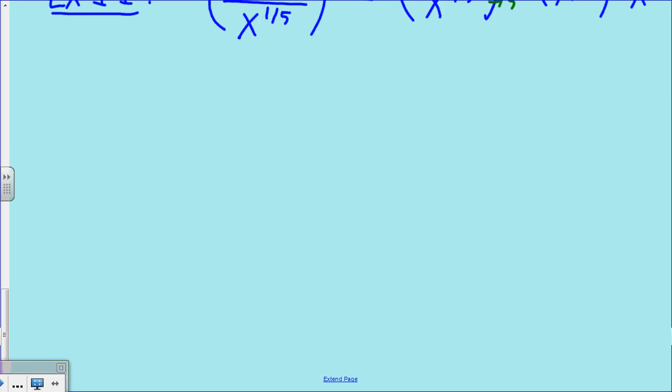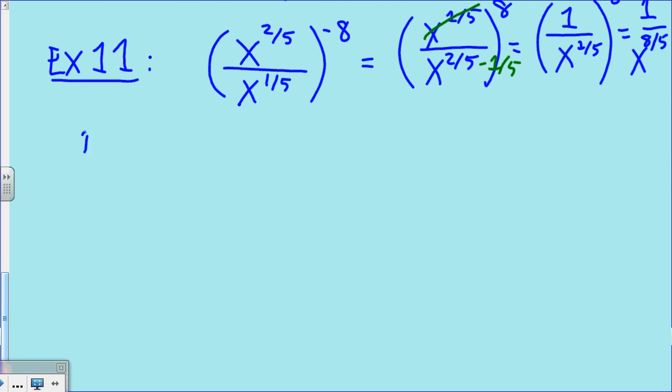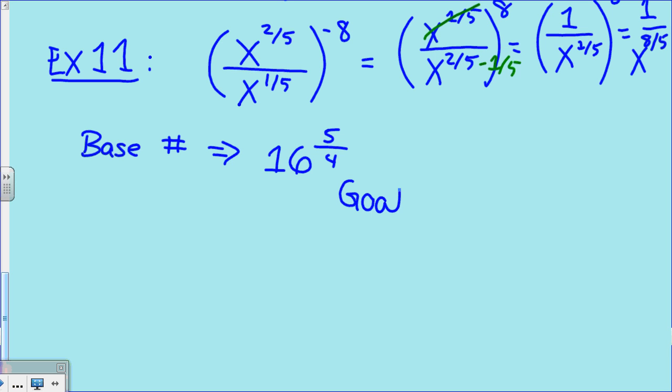Alright, so a couple things I want you to write down before we are done, so you know what your goal is. If your base is a number, like 16 to the 5/4, your goal is to simplify it down to a single number.